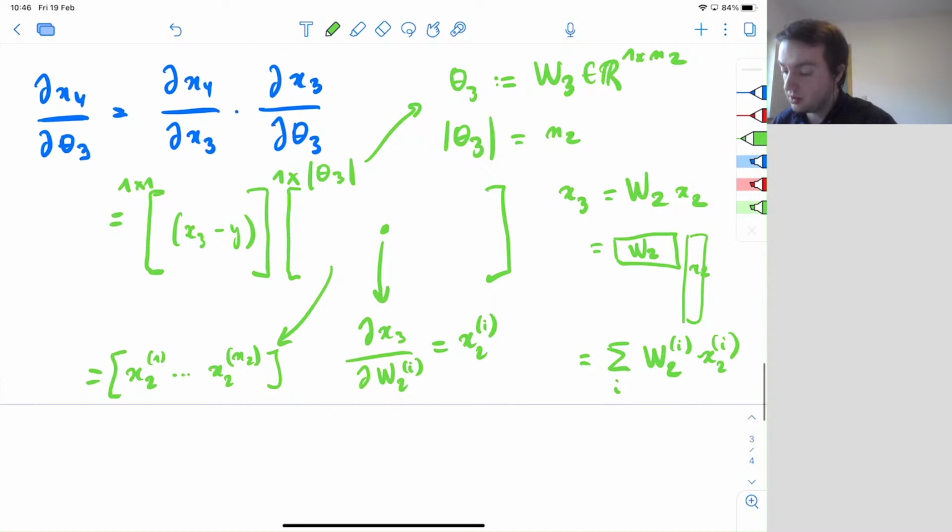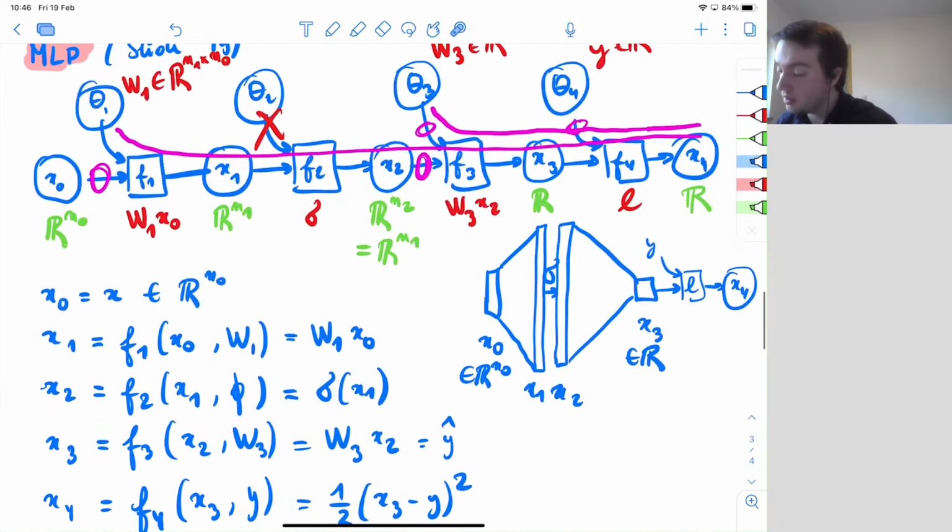By the way, you should note that in order to compute this second factor, I need to know the value of these intermediate variables, this x2, which happens here in the middle of the MLP. So that means, and I will elaborate on that later on, when you compute the backward or the reverse accumulation, you will need the intermediate quantities that you have computed when you evaluate the original function forward.